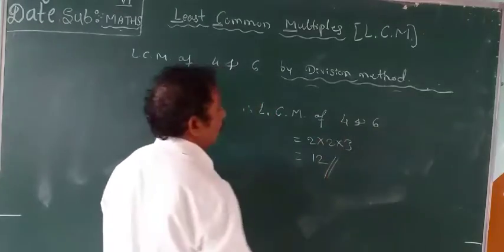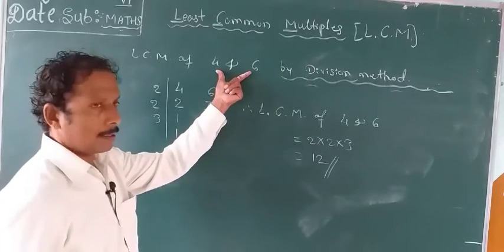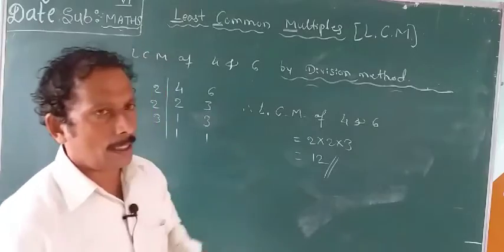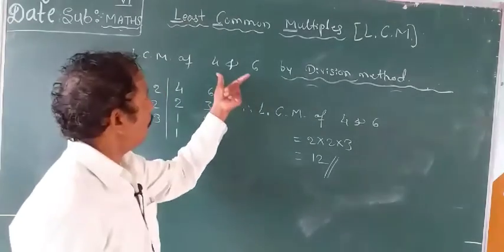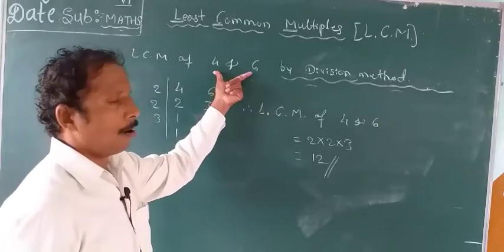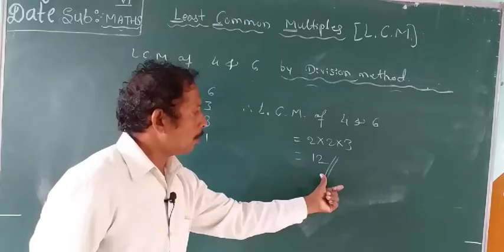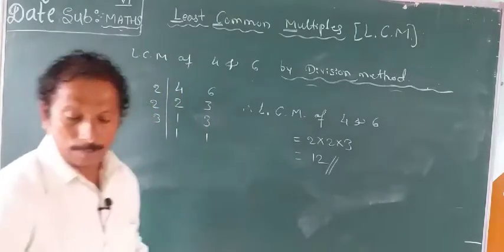This is the LCM of the given two numbers 4 and 6. Students, in all the three methods, the methods are different, but the LCM of the given two numbers, or they may be three numbers, is the same in the end, no change in the answer.